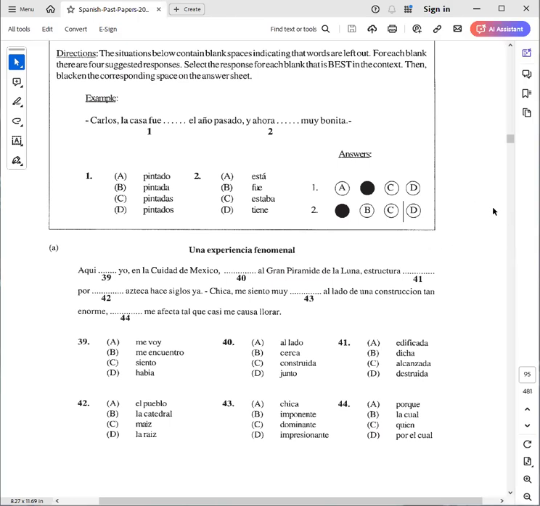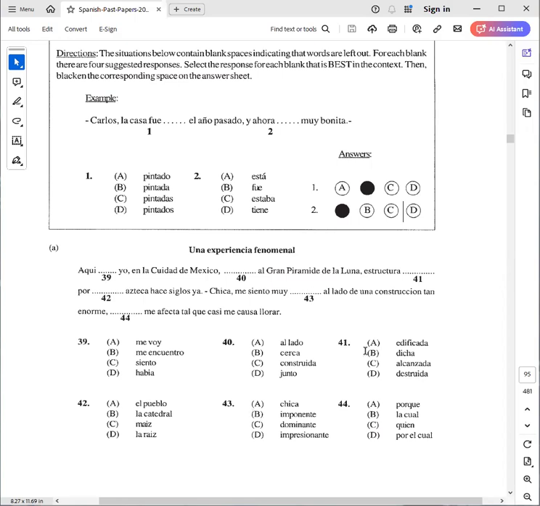So a rough translation of this will be something like, here I am in Mexico City, next to the Great Pyramid of the Moon, a structure built by Aztec roots, well, literally roots, right? Centuries ago. It says, girl, I feel very impressed next to such an enormous construction that it affects me so much that it almost causes me to cry.